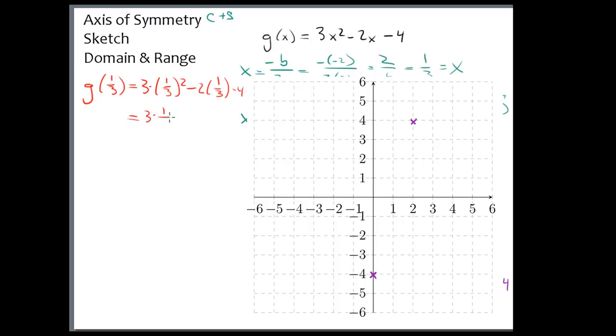That's 3 times 1/9 minus 2/3 minus 12/3. 1/3 minus 2/3 minus 12/3. I get negative 13/3. Negative 4 1/3.